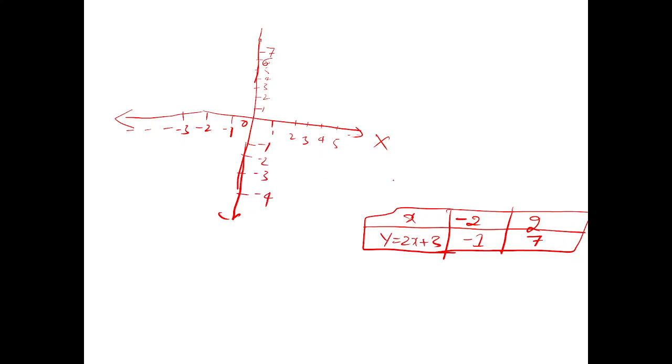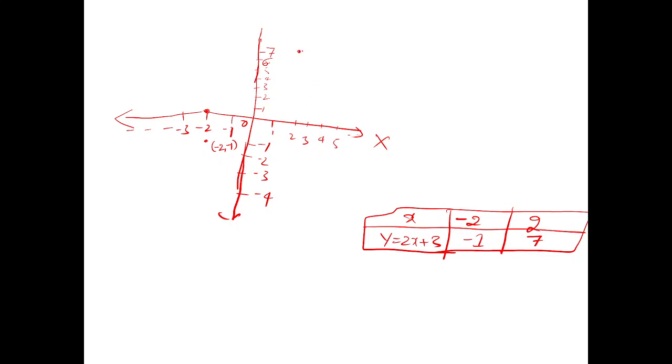Okay, where x equal to minus 2, the value of y is minus 1, that is here. When x equal to minus 2, y becomes minus 1. Here the coordinate is minus 2, minus 1. When x equal to 2, y becomes 7.